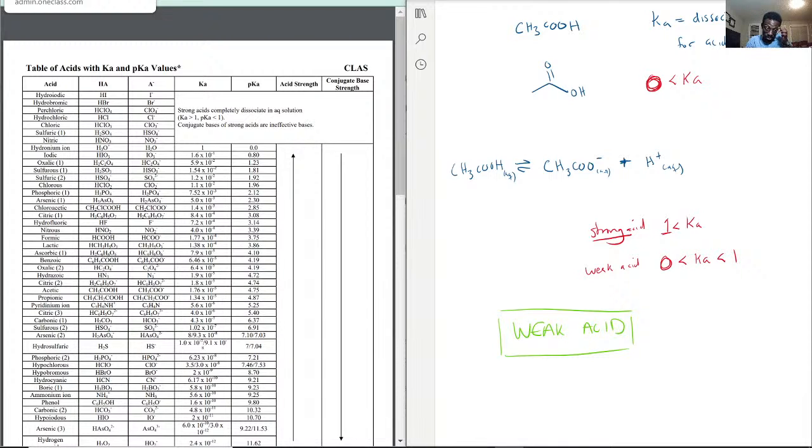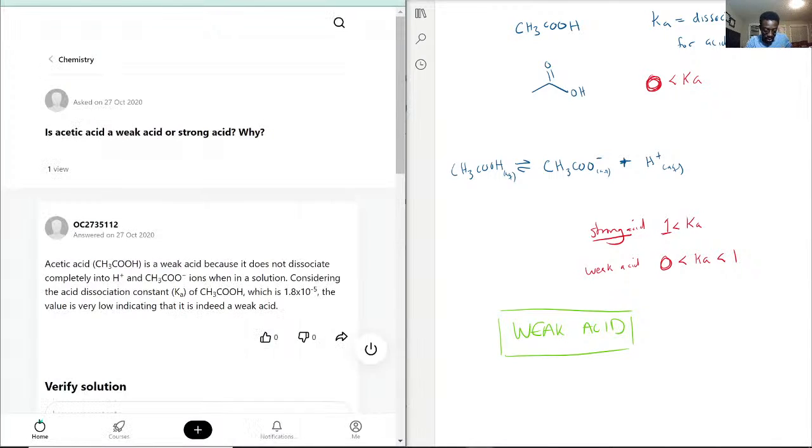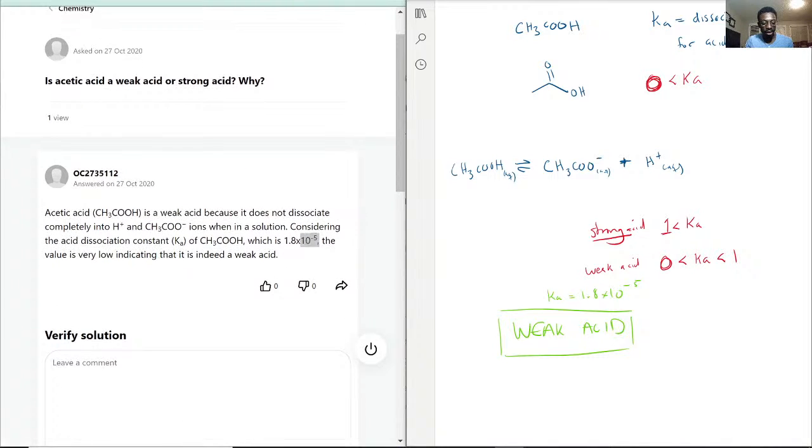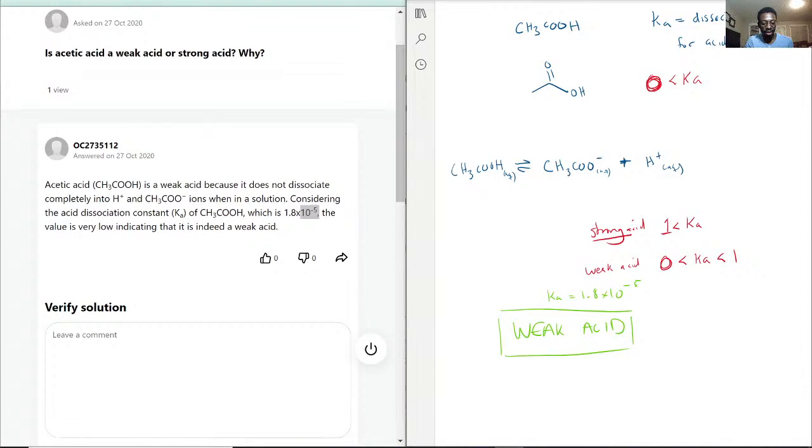Okay, let's see. Weak acid because exactly the Ka is times 10 to the negative 5. In fact, I'll just do that. I'll write the Ka as well, because that's actually how we found it. 1.8 times 10 to the negative 5. Because of that, it's a weak acid. Okay, so it talks about how it doesn't dissociate completely, and considering the acid dissociation constant is low, this is a weak acid.